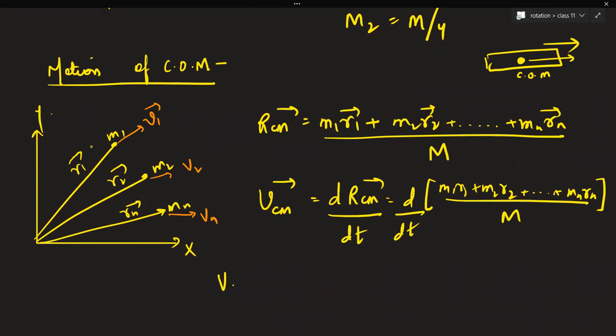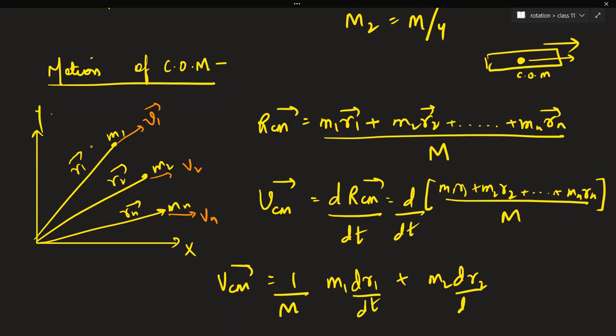Now see, we have already discussed that whenever a constant term is there, that constant term is kept out of the bracket. So 1 by M is there. Now what is left? m1 dr1 by dt plus m2 dr2 by dt, right? This capital M, I have taken it out here. Now what is left will be up till mn drn over dt.